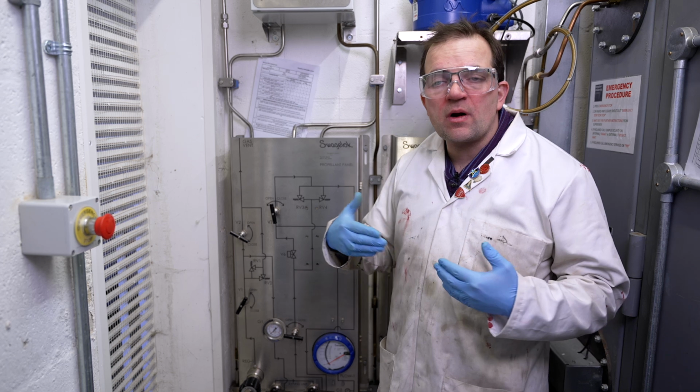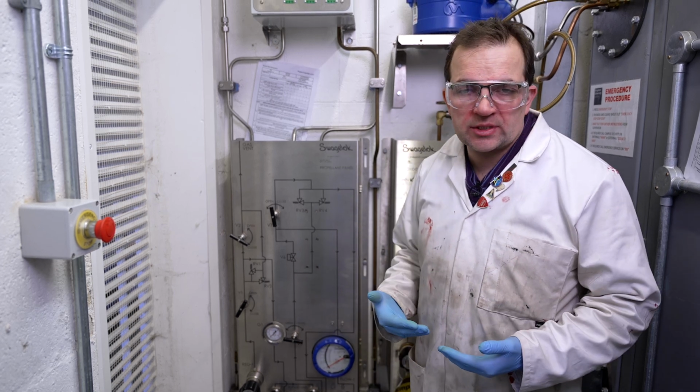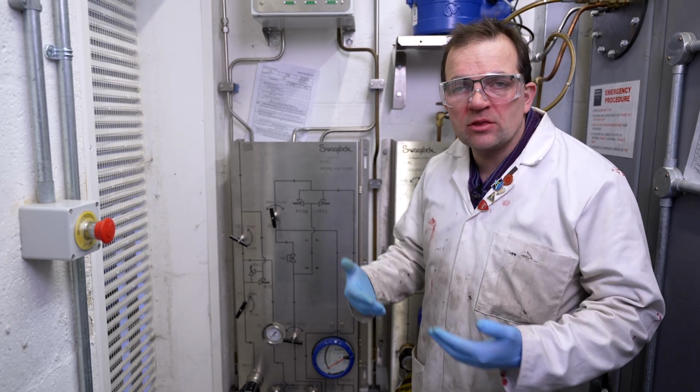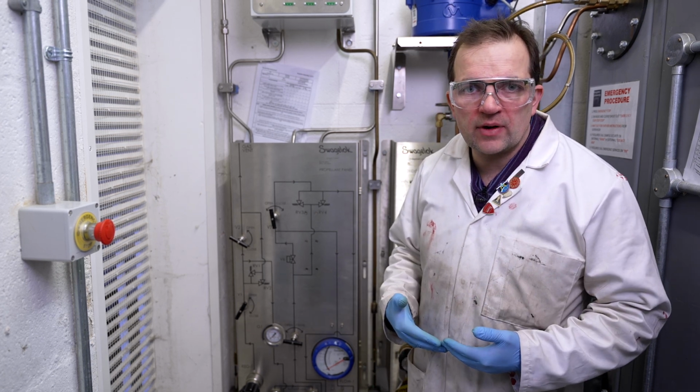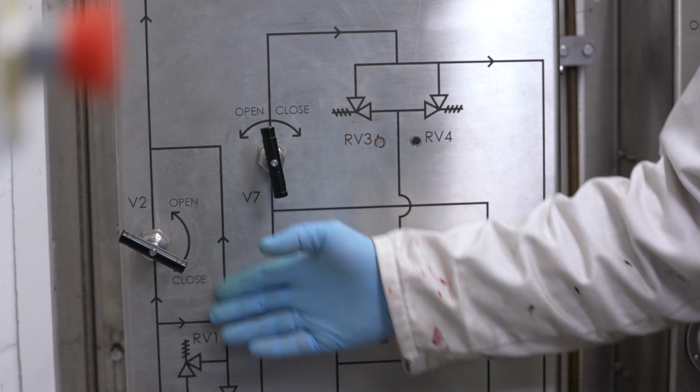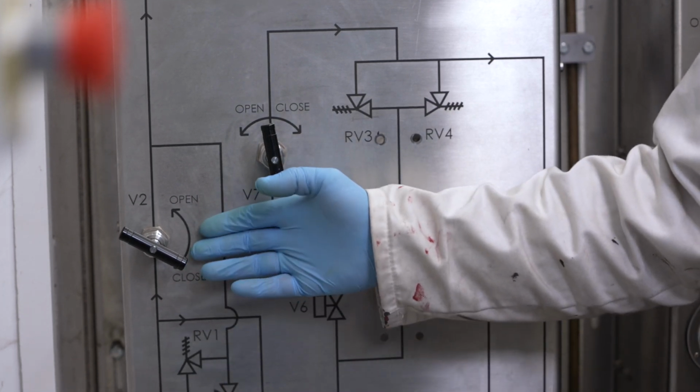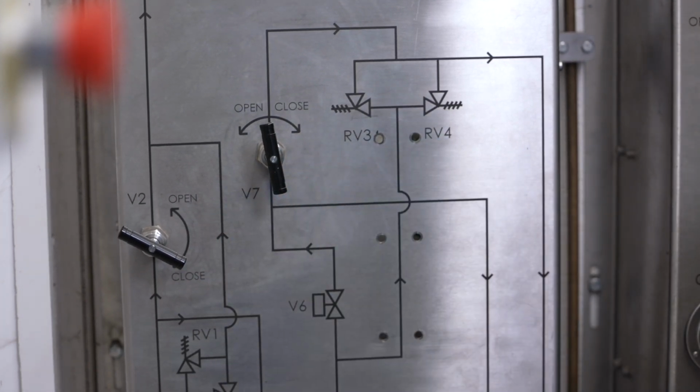So whenever I communicate or write my procedures, and in them I might say open valve 1, close valve 2, it is very clear and evident which valves I am talking about at any one time.